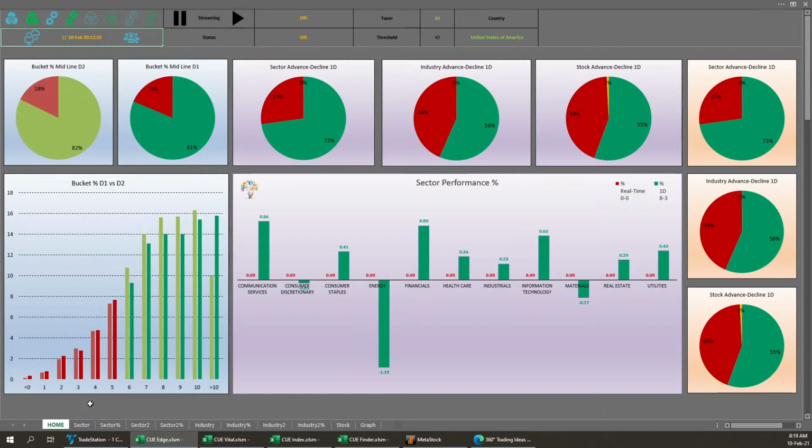Now this particular release has some enhancements you may or may not need to download, depending on how useful you see these changes. One is I have added the alternate sector percentage and alternate industry percentage navigation buttons on the home page.